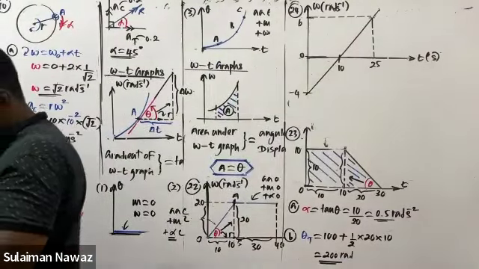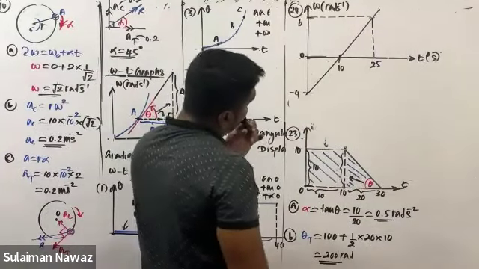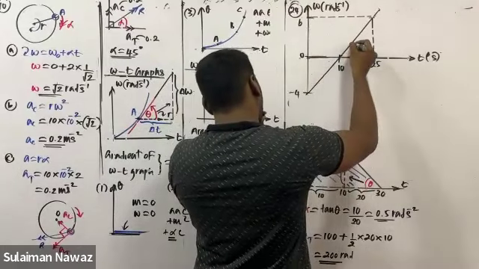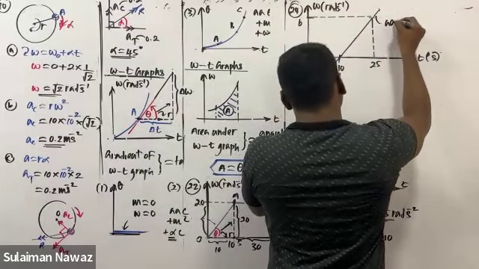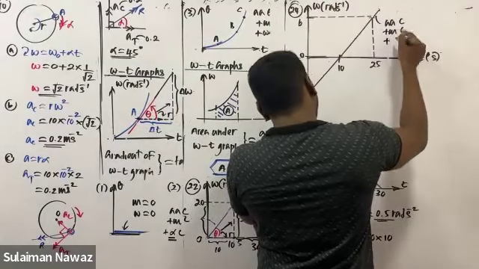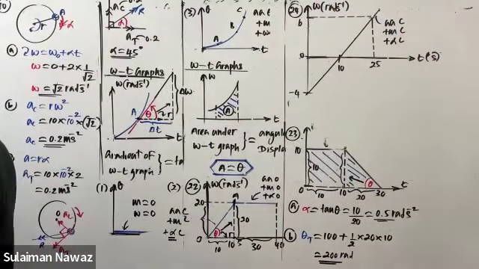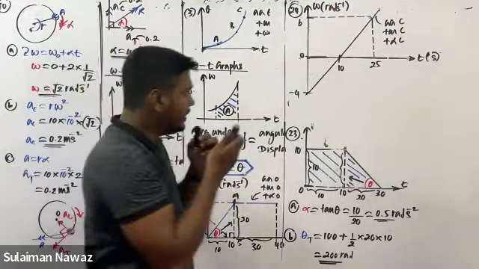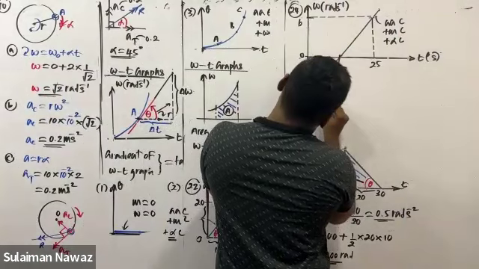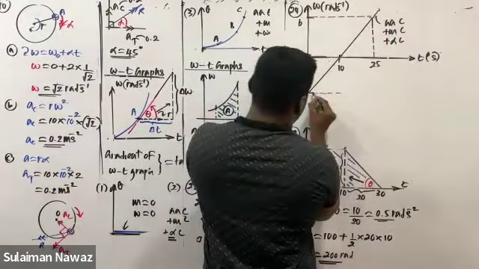What they are asking in the beginning is to find the acceleration of the object. So tan theta only. At any point the acute angle is constant, which means the positive gradient is constant. Now the omega-t graph gradient is acceleration, so positive acceleration constant. That means angular acceleration is constant. You can go with different ways. You can use y2 minus y1 over x2 minus x1, or you can find this length.